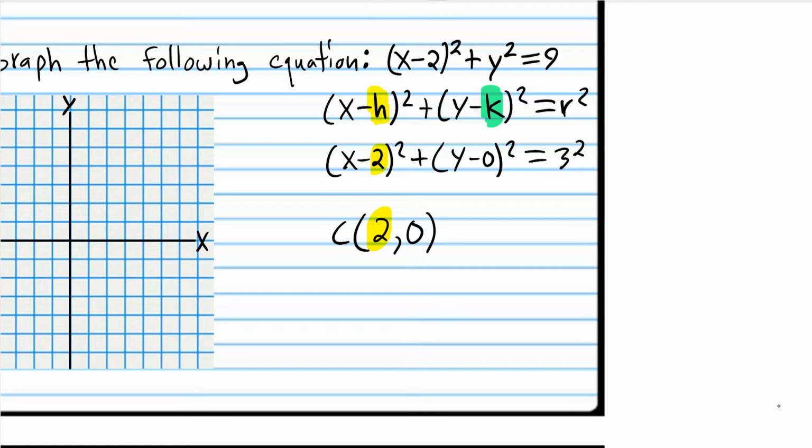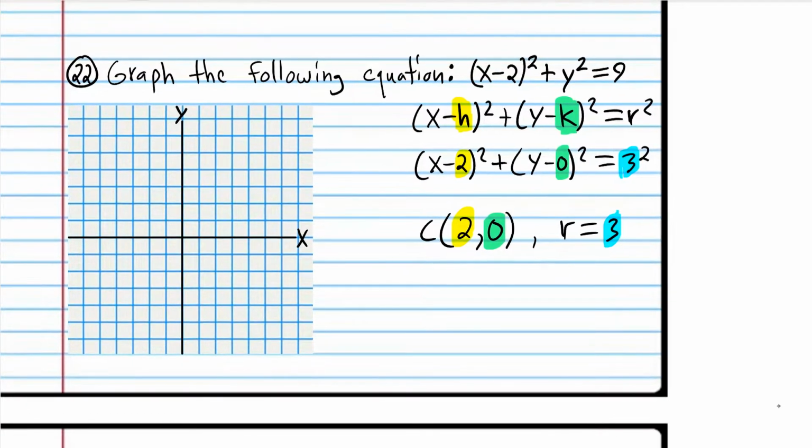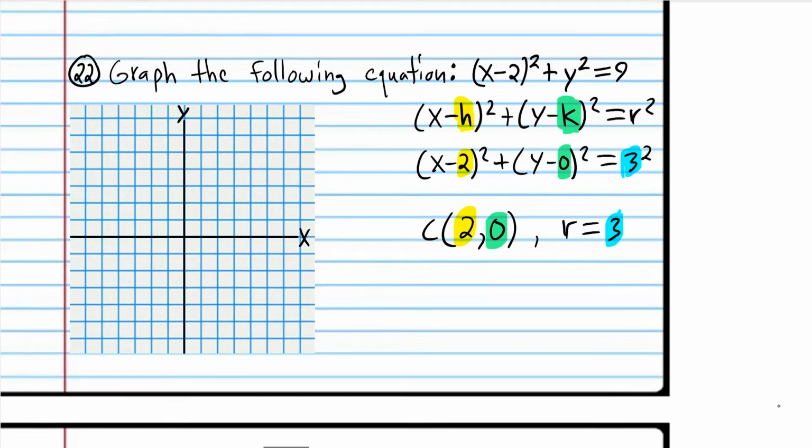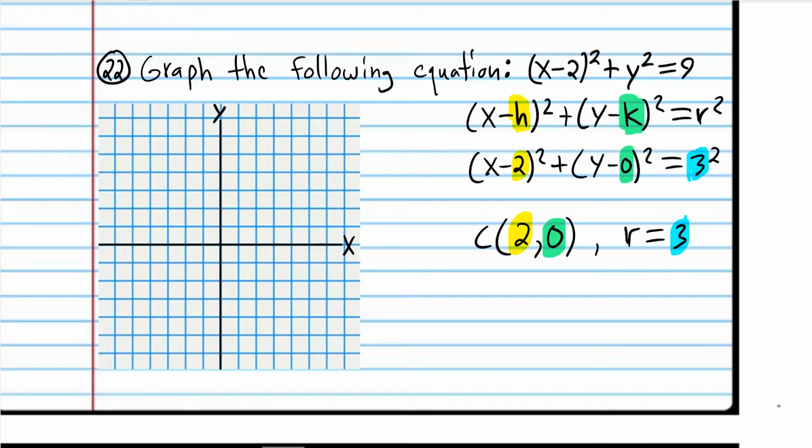I know I probably don't need to do this for a lot of students, but I just want to be clear what's happening here. And we also know that the radius is 3. So I got that from there. And now we have all the information that we need to graph this circle. We have the center and the radius.